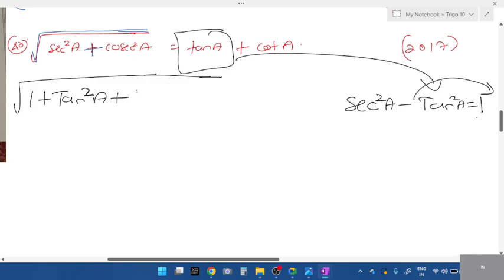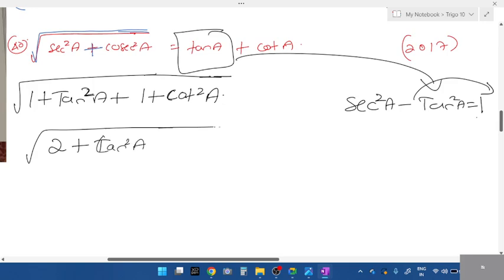Response, students, for cosec square a, 1 plus cot square a, right? What is 1 plus 1, students? 2. 2 plus, what do you get? Plus cot square. Okay, the other one was easy. This is a bit complicated, but you'll still get the answer within 3 steps.